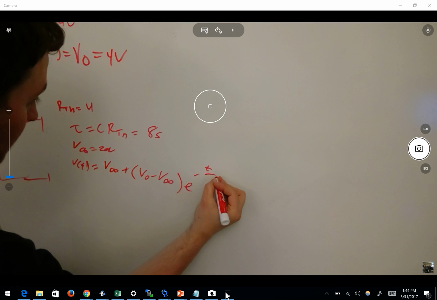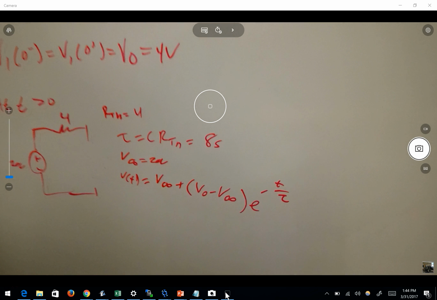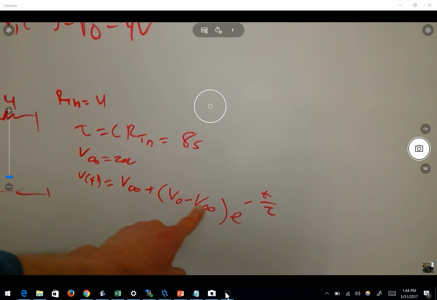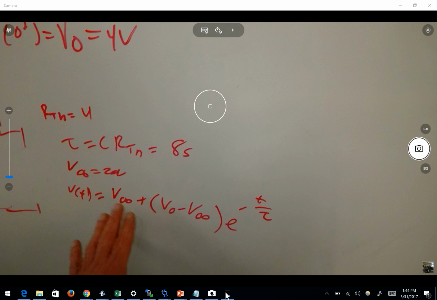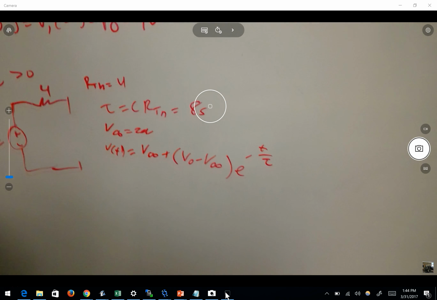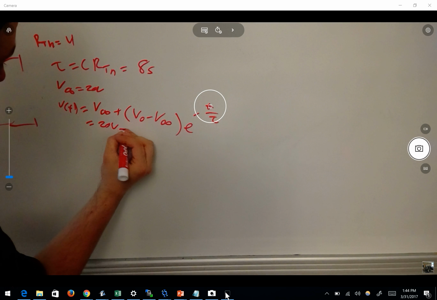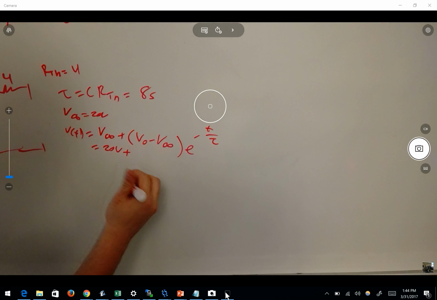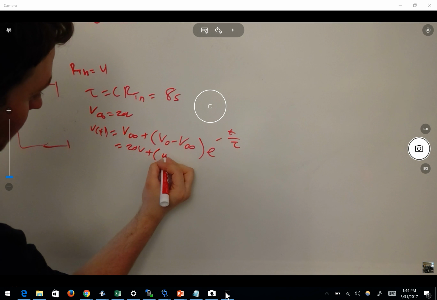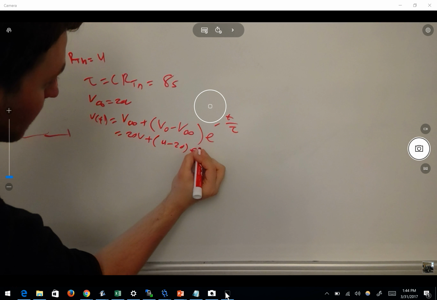You might want to write out the whole formula first. It's not hard to remember, but you can also check it. At t equals 0, the exponential is going to be 1, so it's V0. And at t equals infinity, that's going to be 0, so this is going to be V infinity. Yeah, that's good.